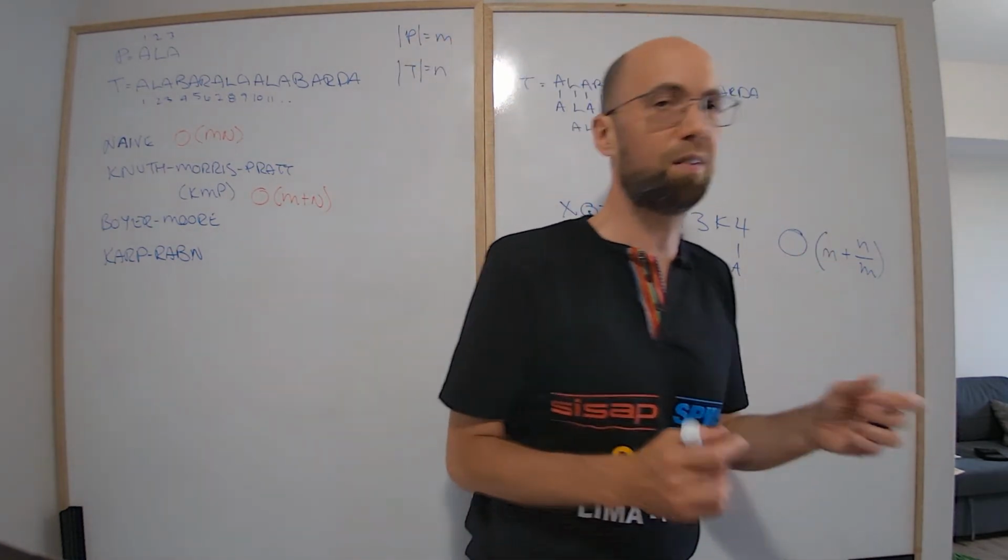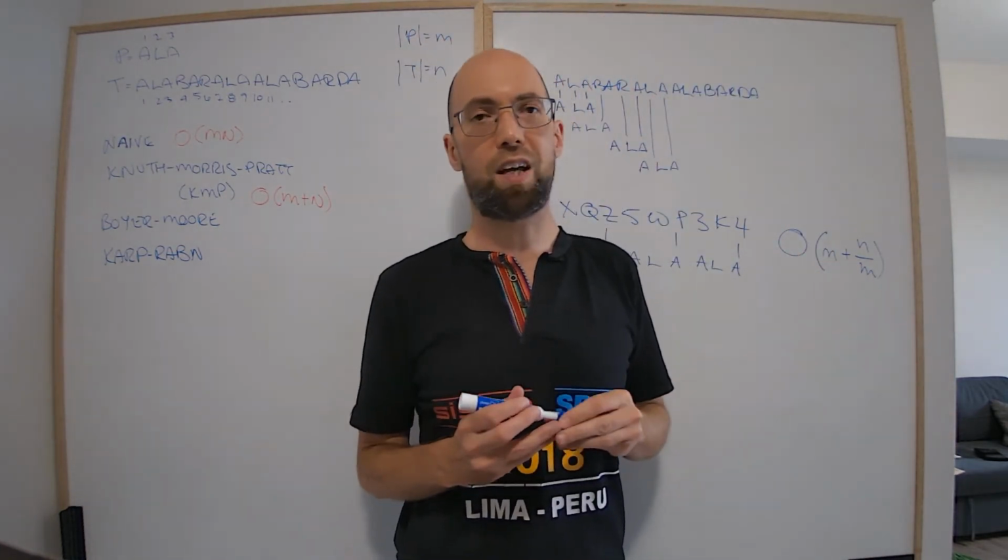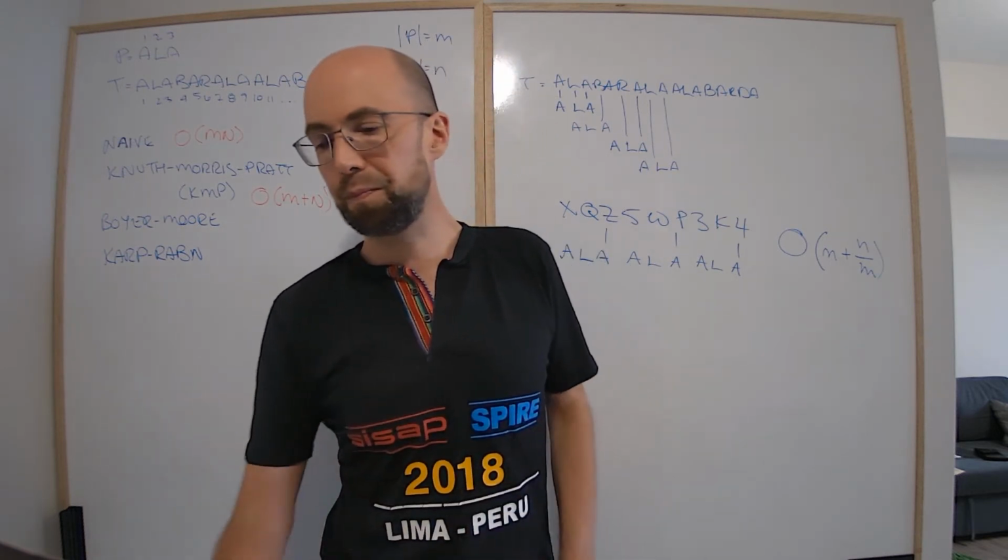Best case, or with certain assumptions, you can get average case. If the strings are randomly generated and the alphabet is sufficiently large, for example, then you get a running time that's actually sublinear in the input size, which is kind of cool.